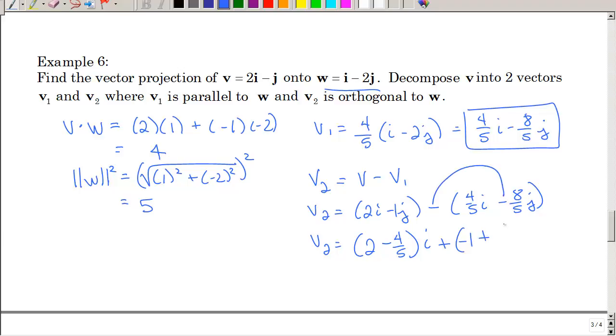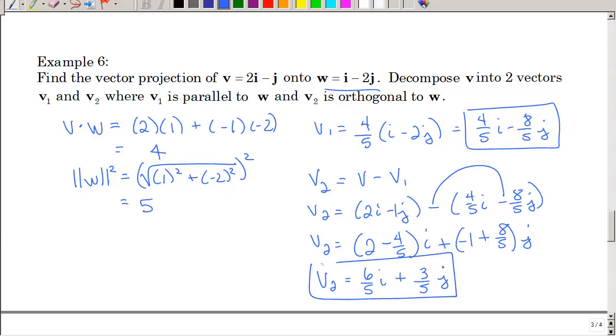Minus a minus is plus 8/5 in the j direction. Just showing you where those numbers come from. Find a common denominator, subtract. So that's going to be, I believe, 6/5 in the i direction, and then positive 3/5 in the j direction. So not complicated, just keep in mind that the dot product is a scalar.